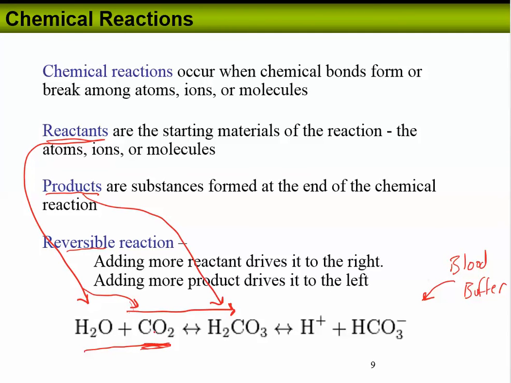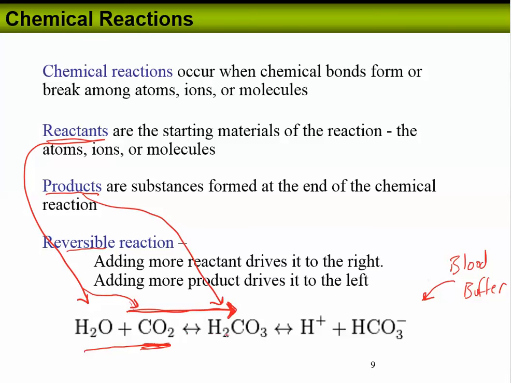If we're not getting enough oxygen and the CO2 starts to build up, and CO2 is constantly being produced by the cells, by the mitochondria, as CO2 builds up more and more, it pushes this reaction in this direction. So my question, and this is what you're going to have to understand, is what happens to the pH?